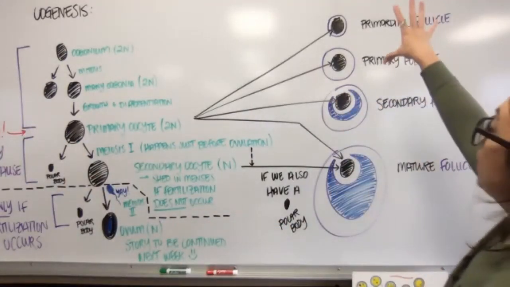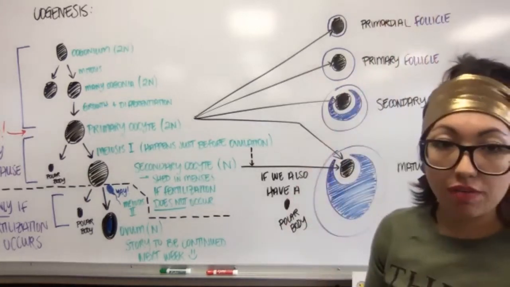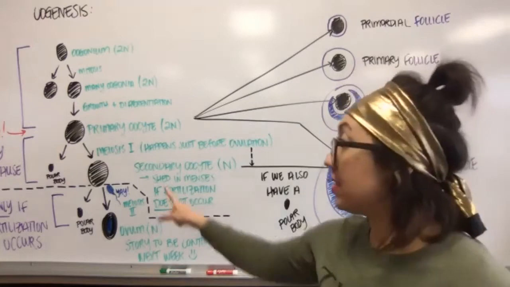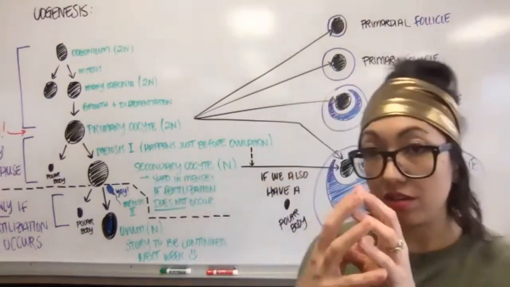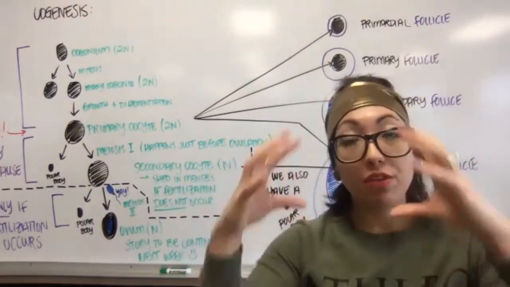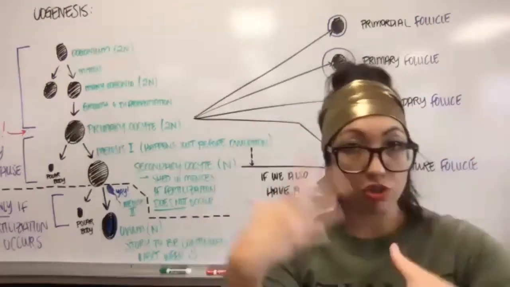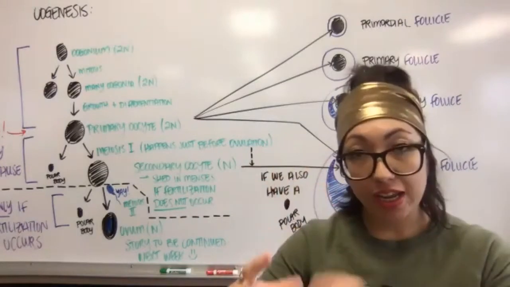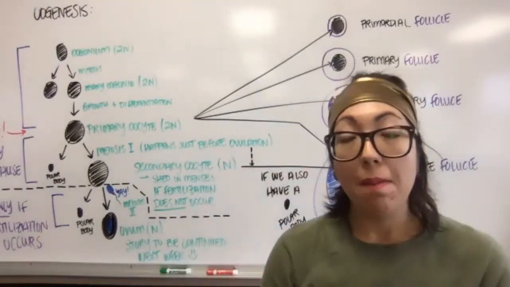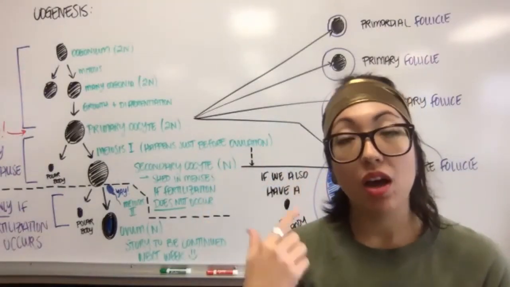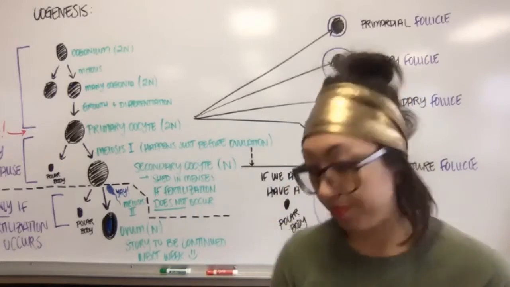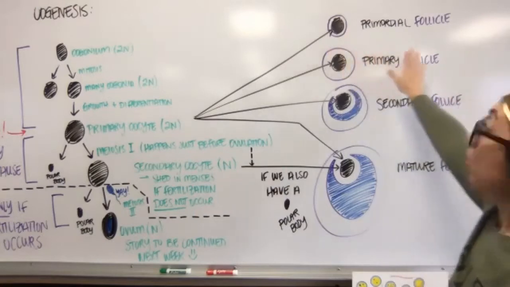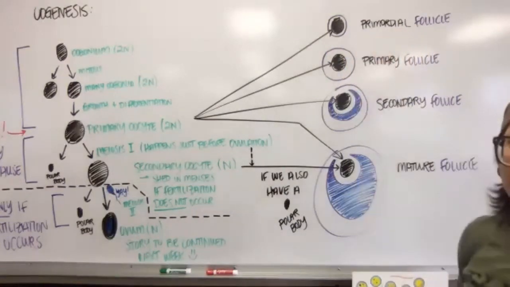So let's look at the stages of the follicles. Not only does the oocyte grow and develop, but the follicular cells will also change and grow and develop, based on the timing of ovulation. Our very first follicles are called primordial follicles.